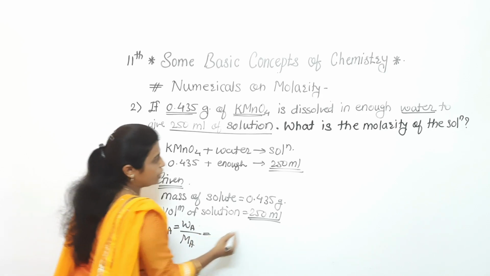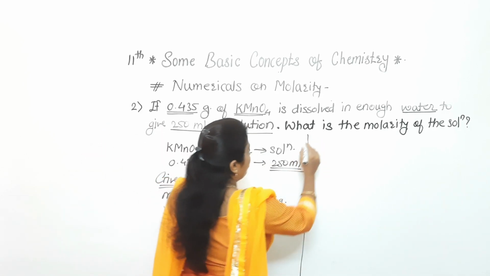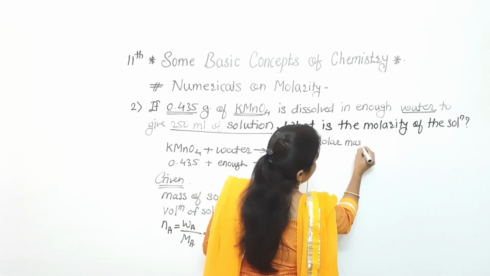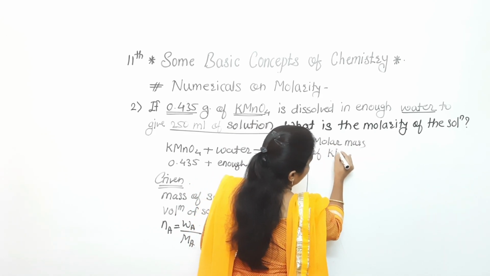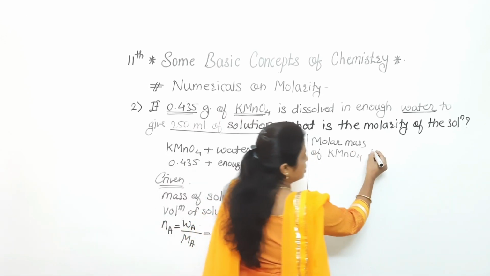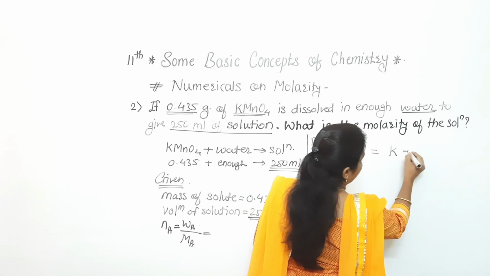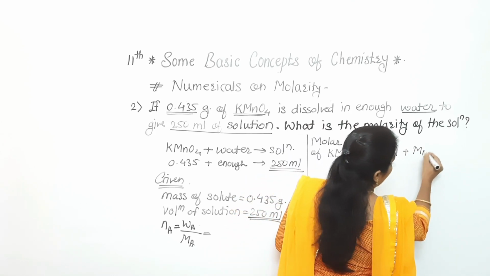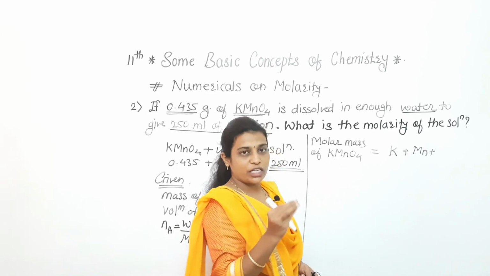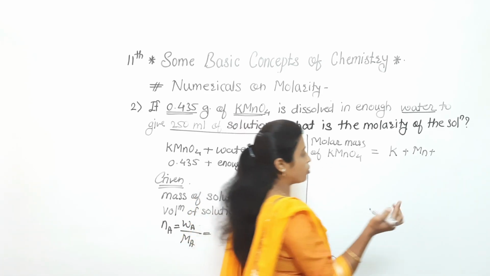So see here, if we consider molar mass, what we have to find out? Molar mass of camenophore. For that one we should know the mass number of each element. So see, firstly who is there? Potassium. After that Mn is there, and after that oxygen is there, but K and Mn means potassium and manganese both are 1 1, but oxygen is 4.